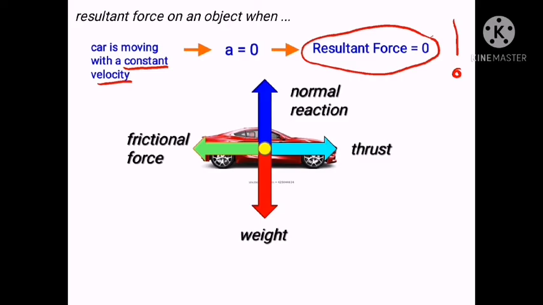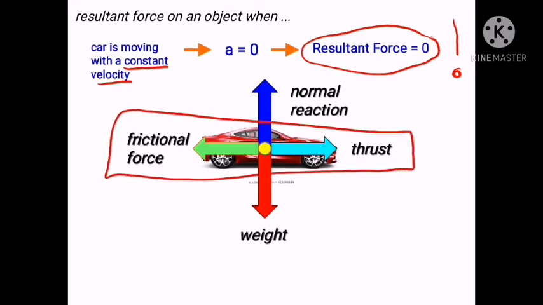Alright. So now, since the resultant force is 0 Newton, what can you say about the forces along the x direction? Can you compare thrust and frictional force? Correct. Since the resultant force is 0, my thrust is exactly the same as frictional force.